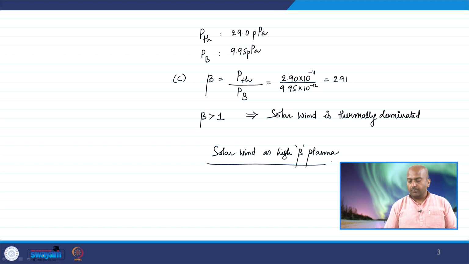Fine. Moving ahead, we have a very simple numerical which tells the validity of MHD, whether the conditions that we have used for the MHD approximation are valid or not. Okay.